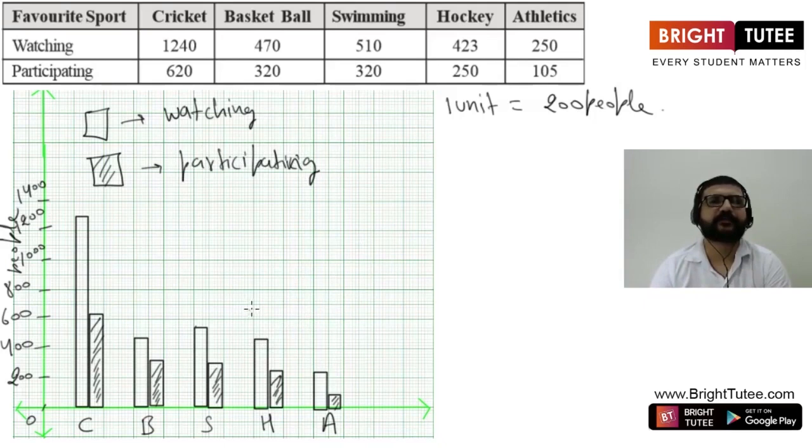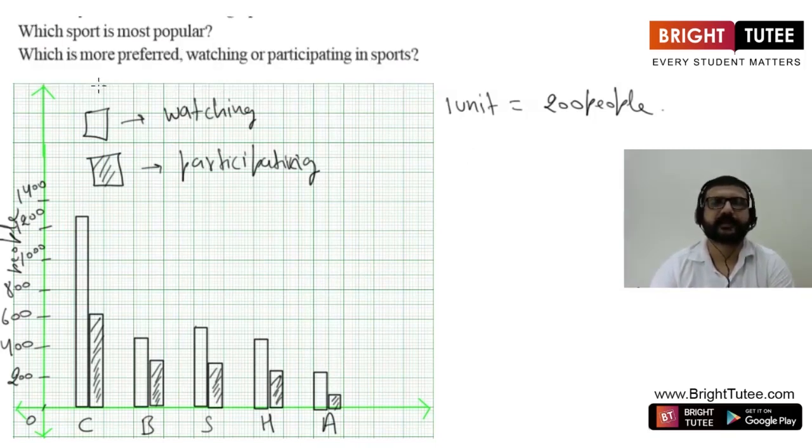So this is how we formed a double bar graph using this tabular information. Now we have to answer a few questions based on these bar graphs. The first question is, which sport is most popular? As we can see, the bars for cricket are higher. Therefore, the most popular sport will be cricket.